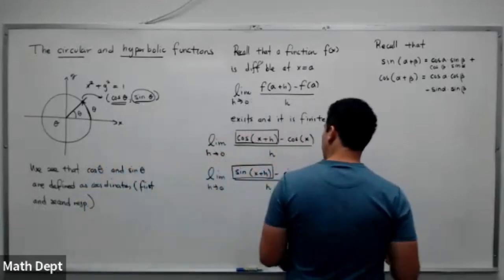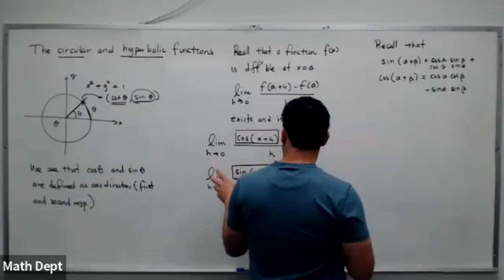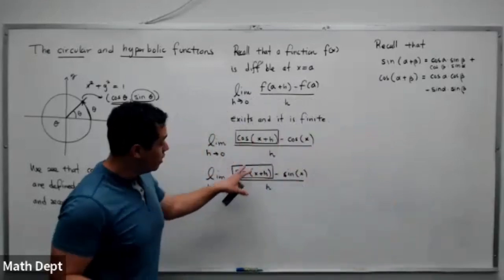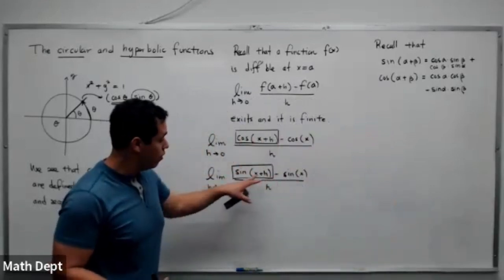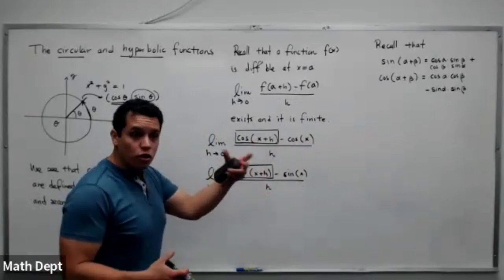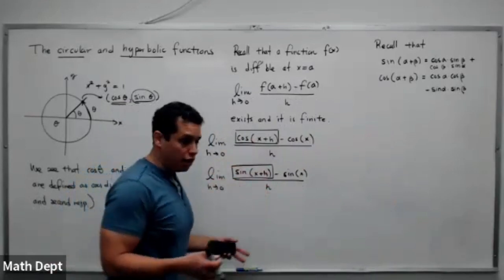So let's work out this expression. Again, I'm saying nothing about the existence of the limit of this fraction. All that I want to do is to explore what are the things that I need.